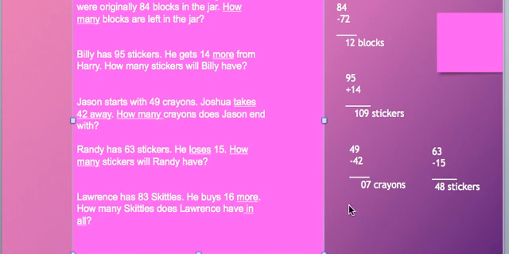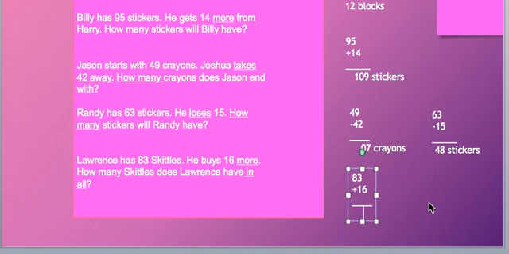So, now we need to add. So we have 83 plus 16. Our answer is 3 plus 6 is 9, and 8 plus 1 is 9. And then our question is asking for Skittles. How many Skittles? So we would label that as Skittles.